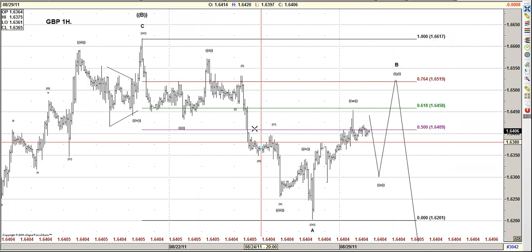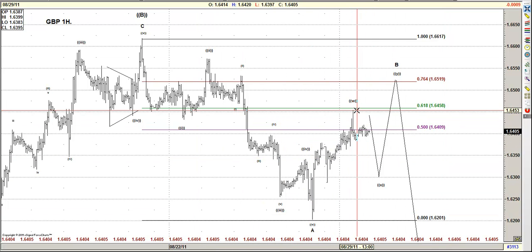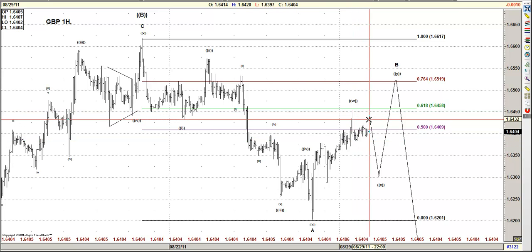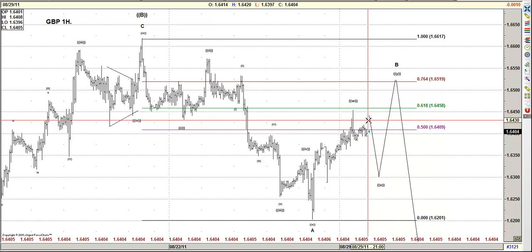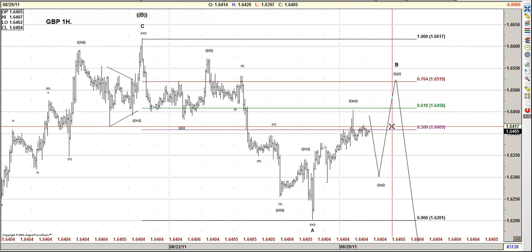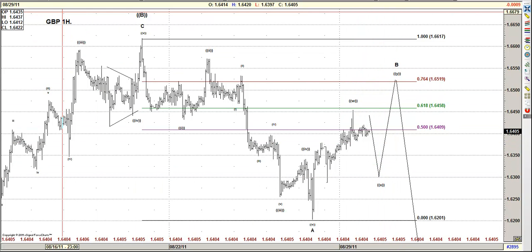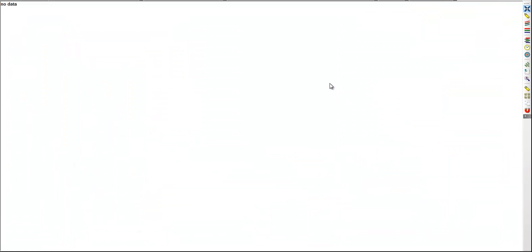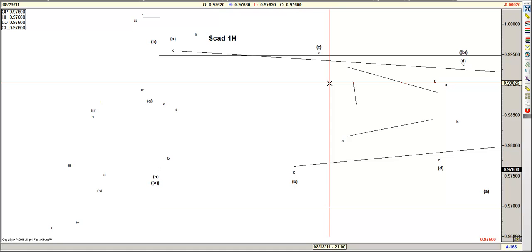Very clear structure, 5 corrected back. And also I see 5 here, because we know that euro is going to make a move. We believe this is the path: we got W, and then A, B, and Z, and then going higher again.